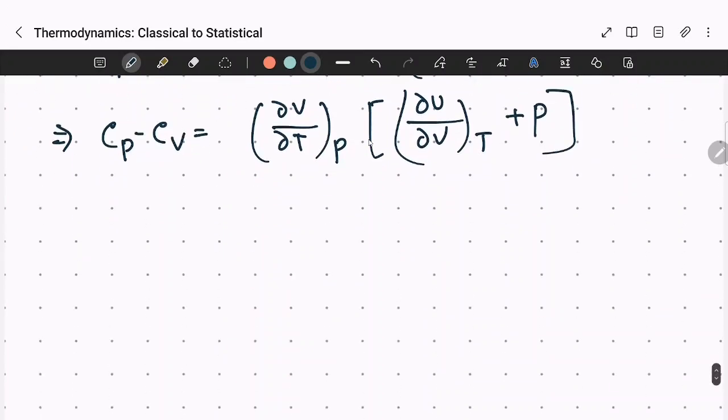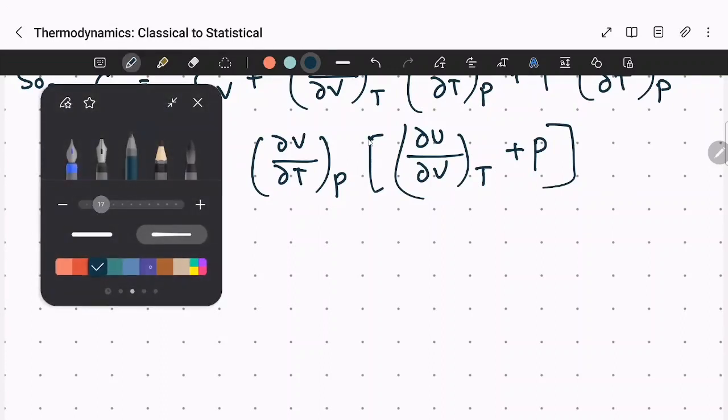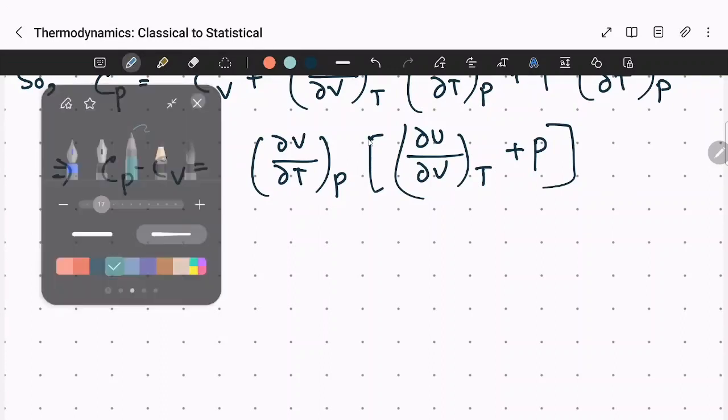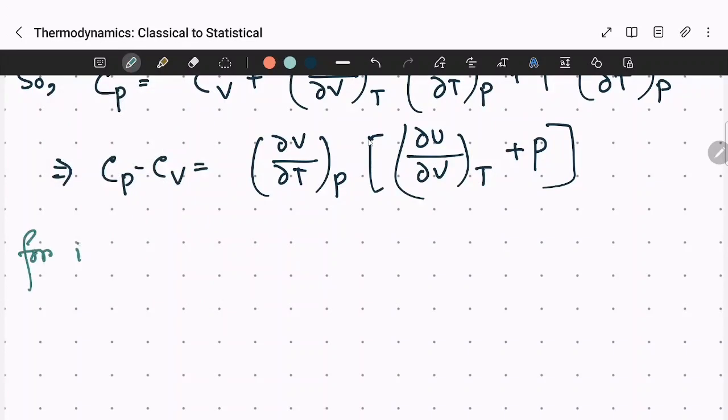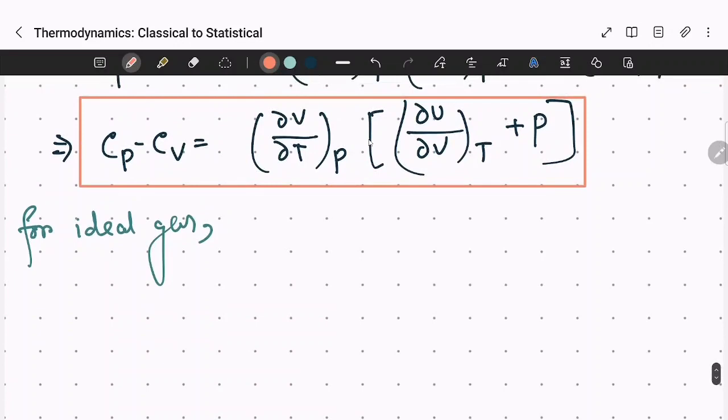Now, if you put in the ideal gas, that is the special case, we can also derive that. Change the color. For an ideal gas, before that, this equation is very important. You have to keep in mind always this thermodynamic equation of state.